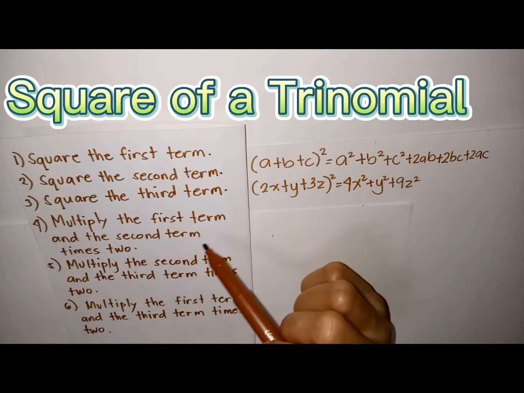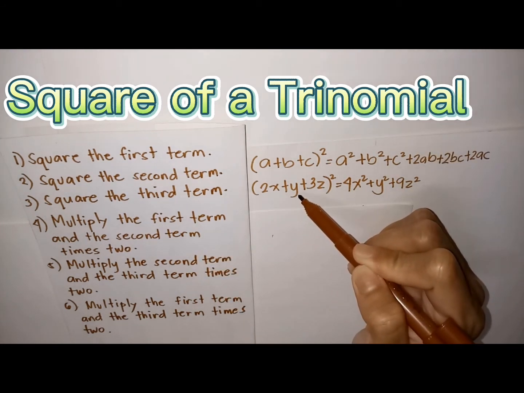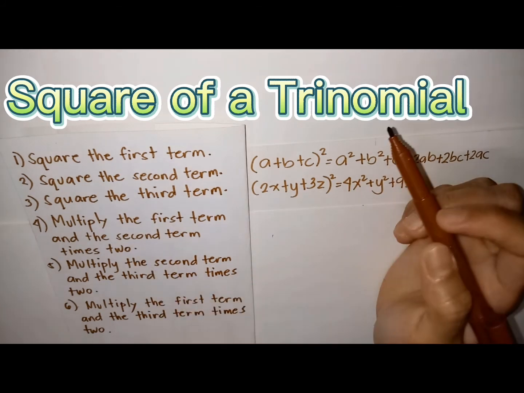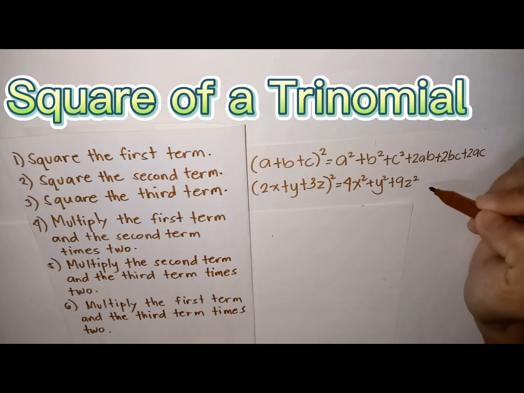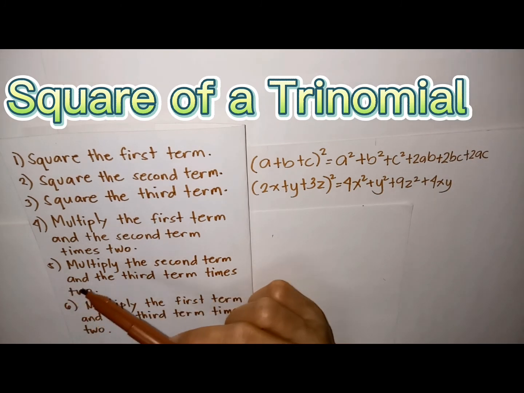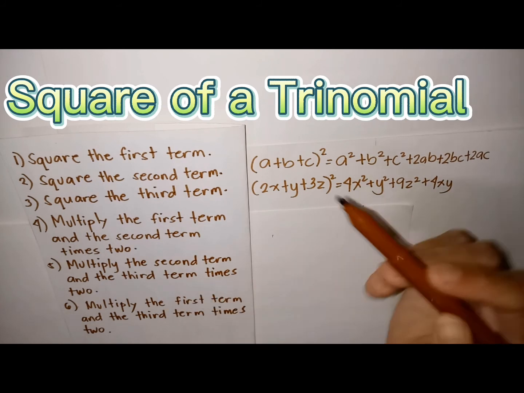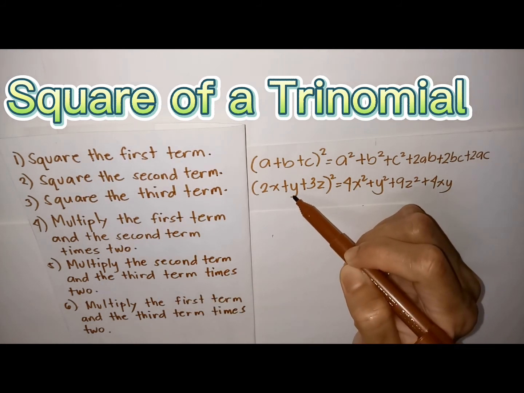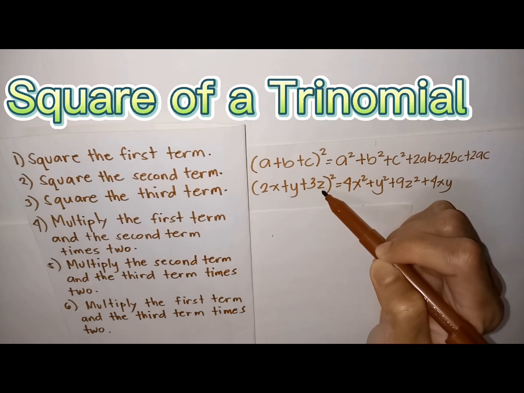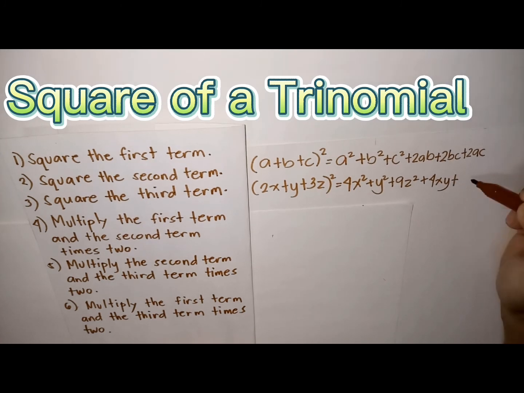Fourth step, multiply the first term and the second term. So 2x times y, that is 2xy times 2. So 2xy times 2, that is 4xy. Let's proceed to our fifth step. We have to multiply the second term and the third term times 2. Our second term is y, times 3z, that is 3yz times 2. So we have here 6yz.